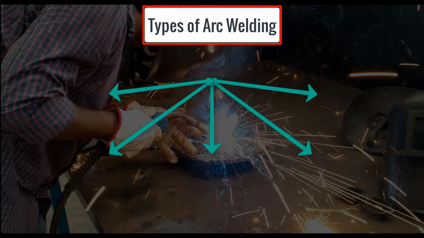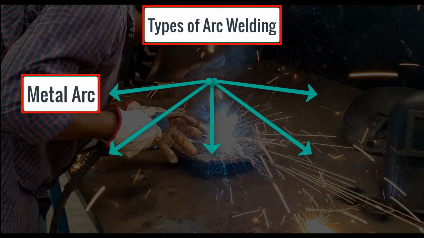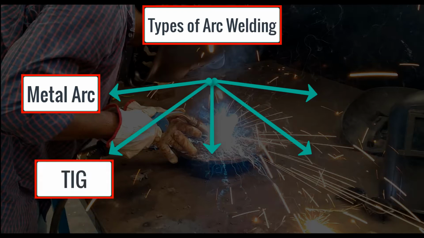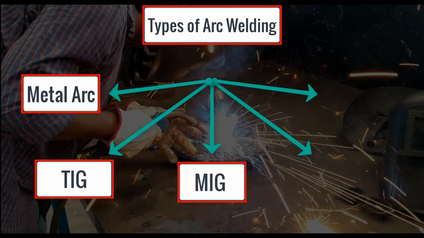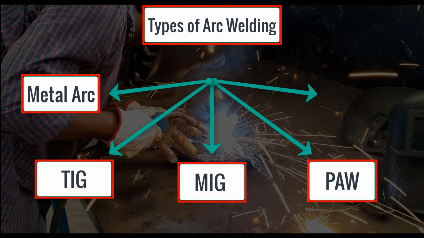In the classification of arc welding there are many processes: metal arc welding, tungsten inert gas welding, metal inert gas welding, plasma arc welding and submerged arc welding. All these processes are under the classification of arc welding.